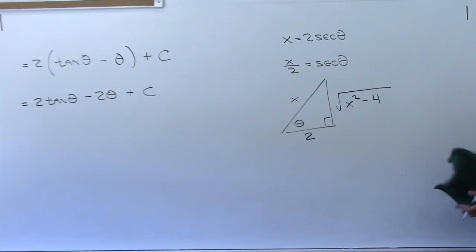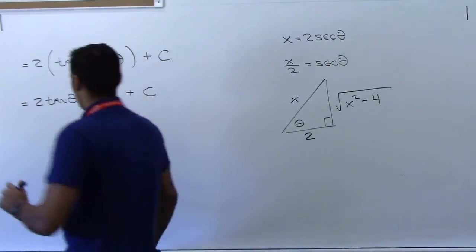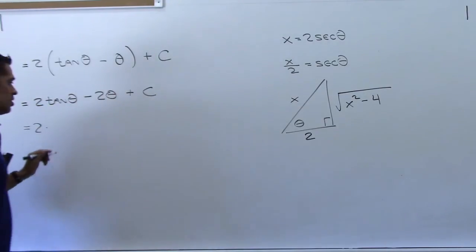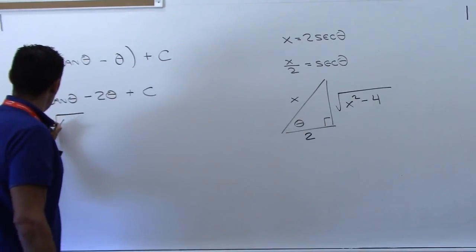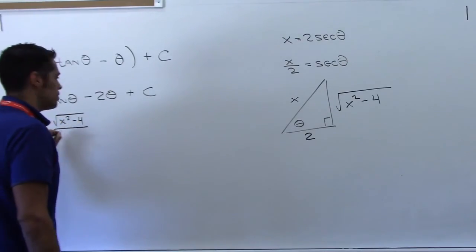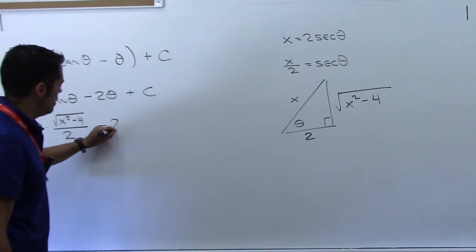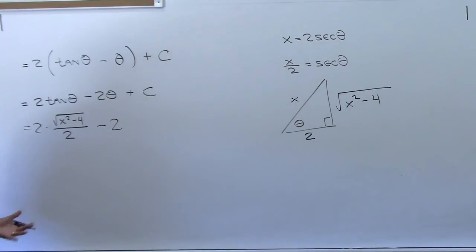All right, so we need tangent of theta over here. So 2 times tangent of theta is opposite over adjacent. So root x squared minus 4 over 2. That's nice. And then minus 2 times theta.